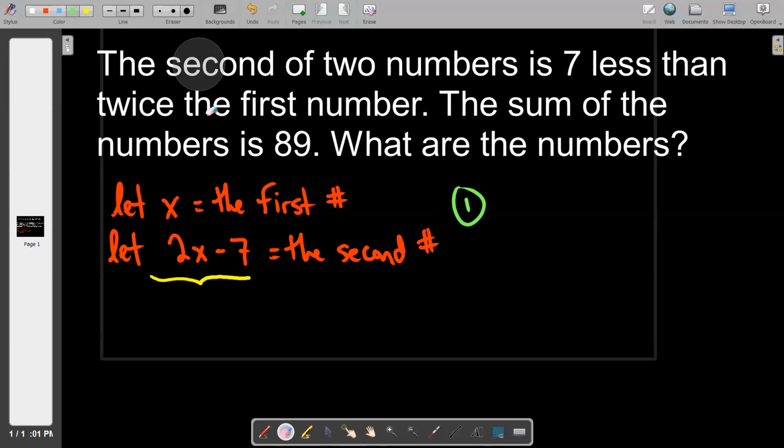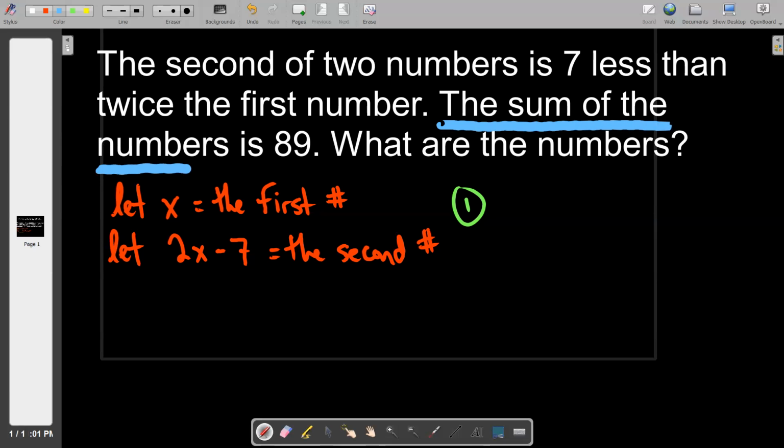Step two is to write an equation. And so this part of the process, the step two of the process, is going to come from the sentence that I'm going to underline in blue. What does that mean? The sum of the numbers is 89. Put that in English for me, not some nonsense.